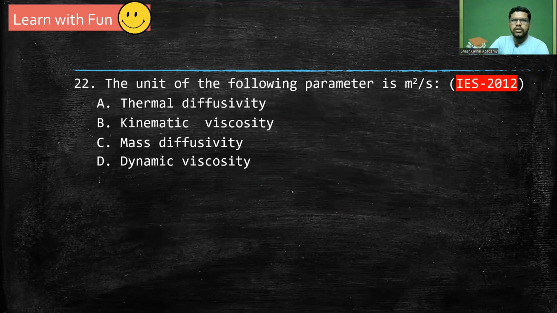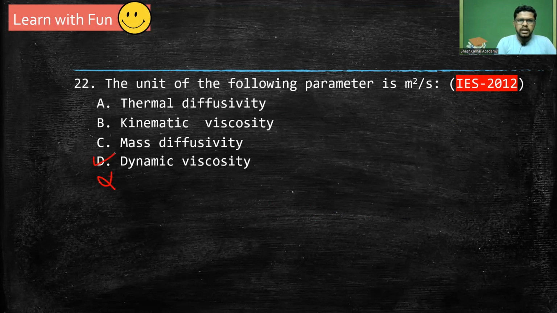Now next, the unit of the following parameter is meter square per second. The options are given as thermal diffusivity, kinematic viscosity, mass diffusivity, and dynamic viscosity. Actually, the question is like that: which of the following parameters does not have a unit of meter square per second? Obviously, the dynamic viscosity does not have the unit of meter square per second.